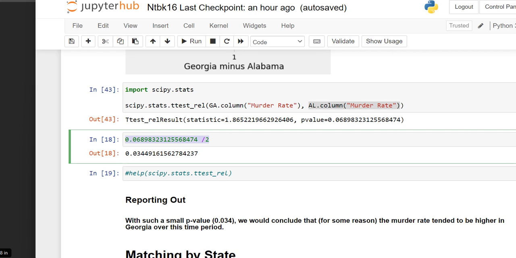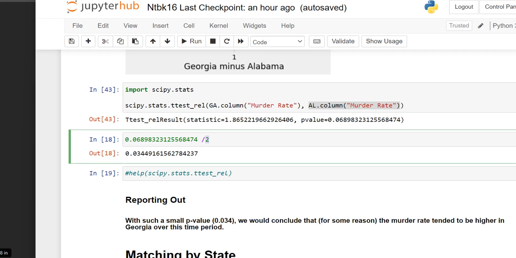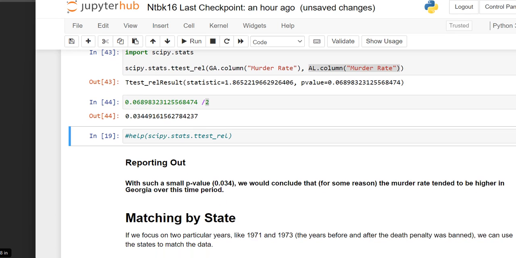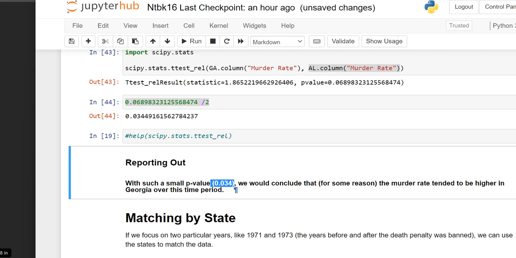I just copy pasted this p-value, right? I just copy pasted that number in here, divided by 2. Why? Well, you'll see that the report, so I don't think you'll have this cell in your notebook. The notebook kind of does divide by 2, but doesn't really say why.